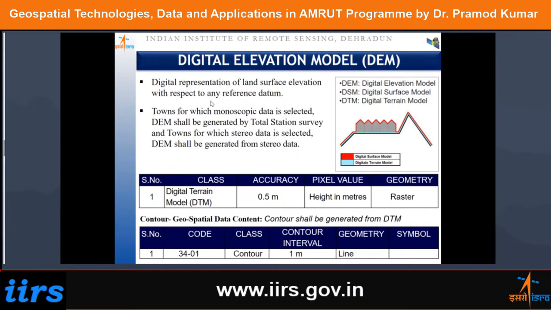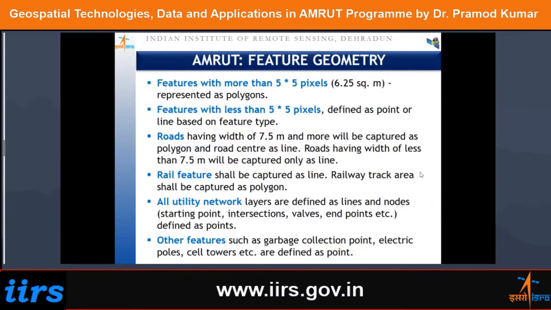Features which are less than 5 pixel by 5 pixel have to be treated as point or line. Roads with a width of 7.5 meter and more will be treated as polygon, and roads which are narrower than 7.5 meter have to be treated as line.